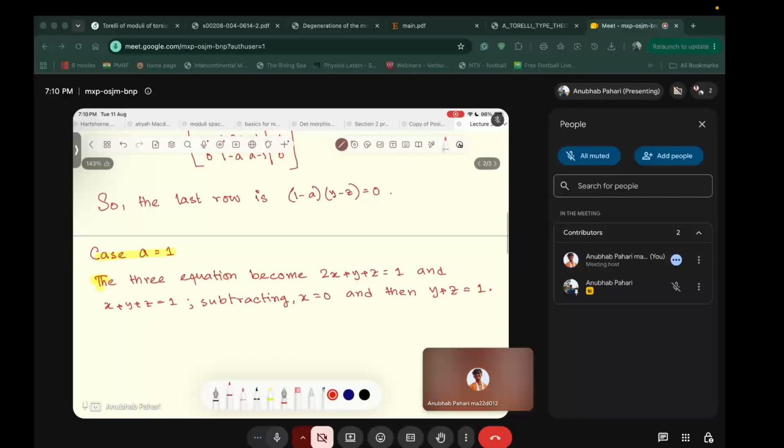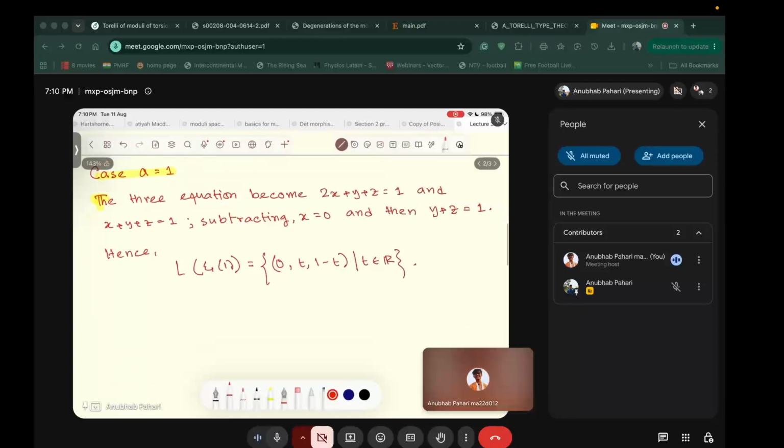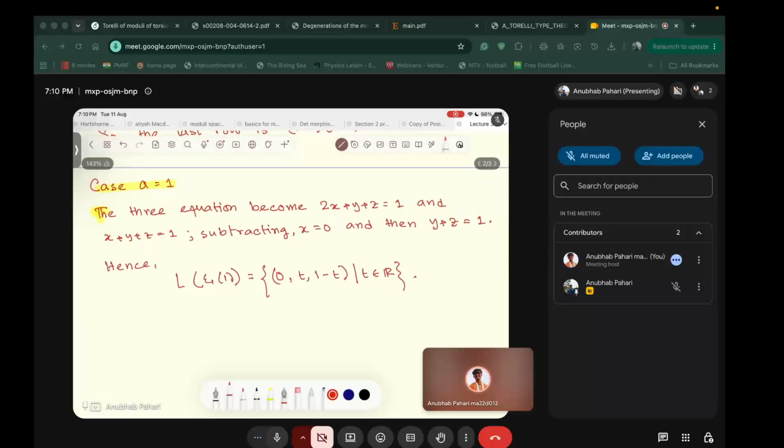Hence the solution set L of epsilon of 1 is (0, t, 1 minus t), where t belongs to R, right? And since t is a variable, therefore it is infinite.